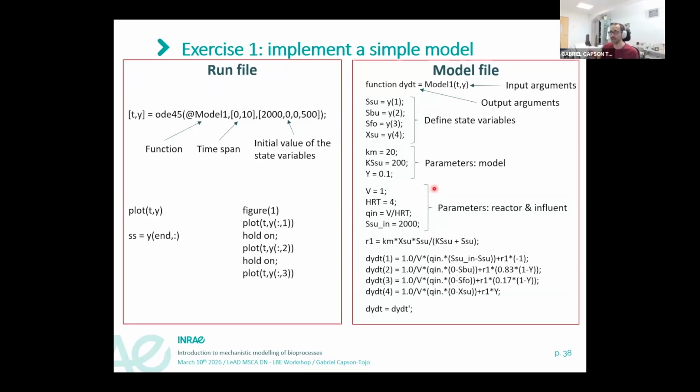So at this point, I guess everybody has the model 1 files open, and there are two files, the run file and the model file. What you should understand here is that the model file, so model 1 that you have here in the slide, that's your model.